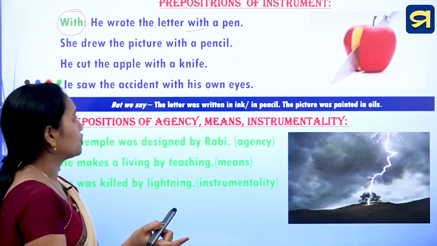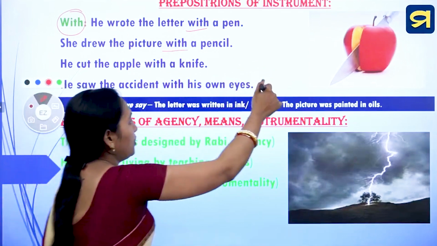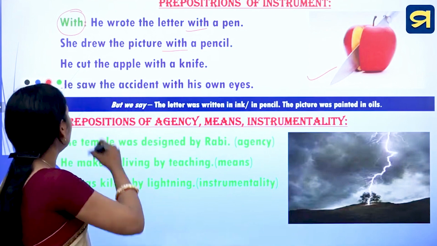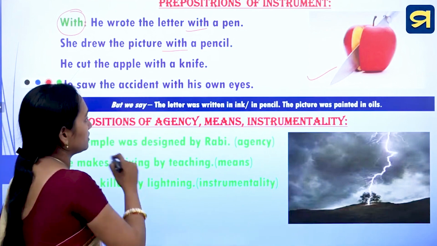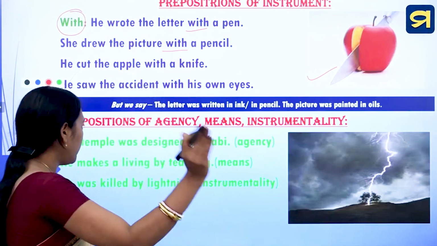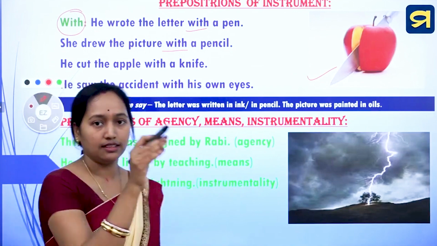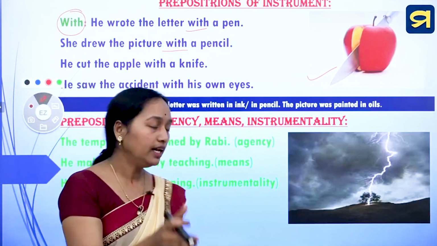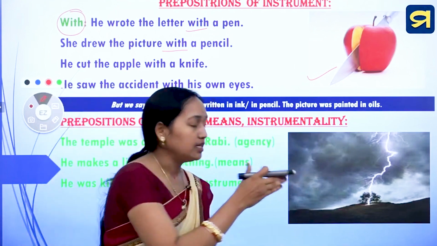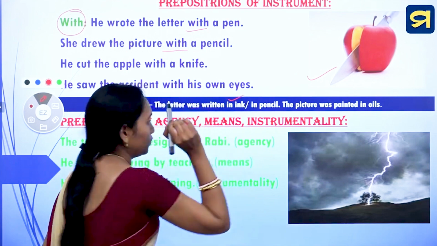He cut the apple with a knife. He saw the accident with his own eyes. But we say the letter was written in ink. The letter was written in ink or in pencil. The picture was painted in oils. For this purpose, in is used.